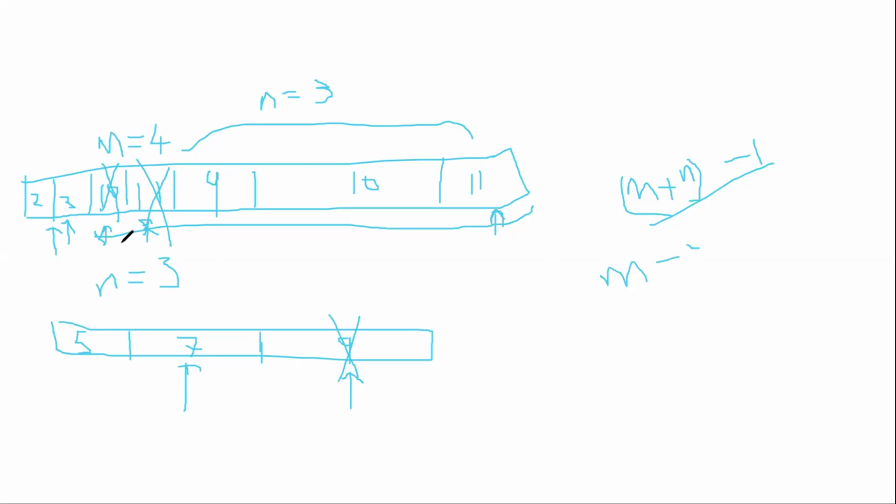The values covered over here will be m minus x. And the values covered over here will be n plus m minus 1 minus x.